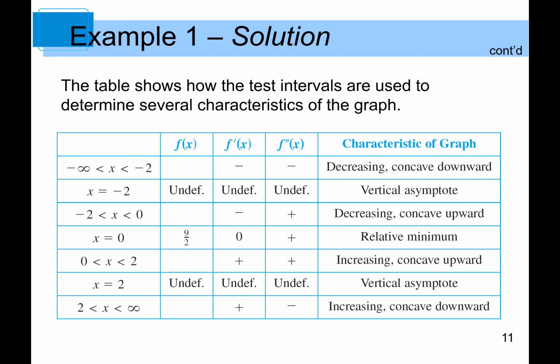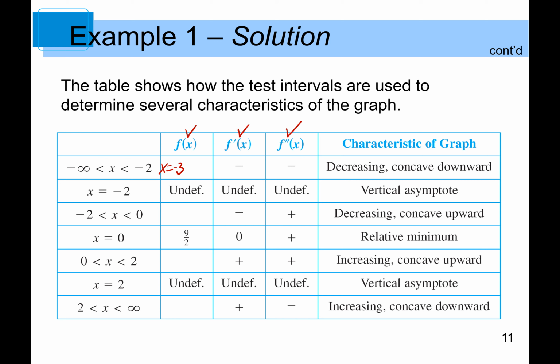Then next step, you come up with a table like this. You basically summarize what happened in the original function, the first derivative, and the second derivative, right? From negative infinity to negative 2, you can pick a test value. In this case, let's pick x equals negative 3.